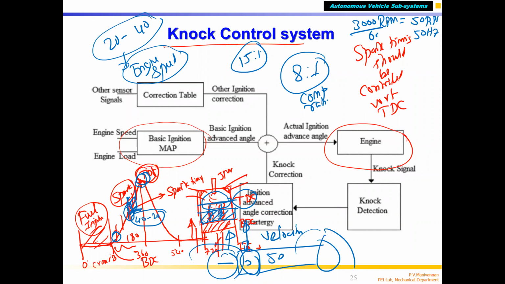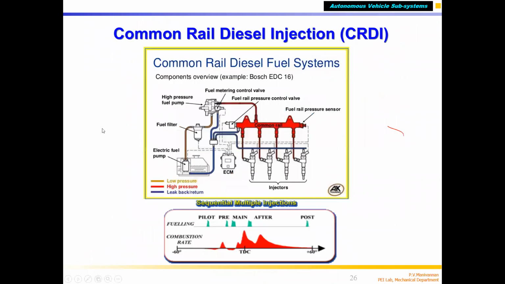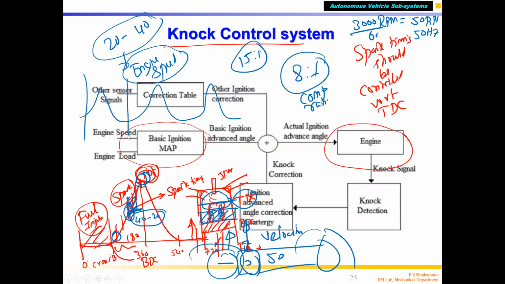Now, what is cycle time? That means this happens like this: this is one cycle, cycle 1, this is cycle 2, cycle 3, like this. How many times within 1 second? 50 times when the engine is running.